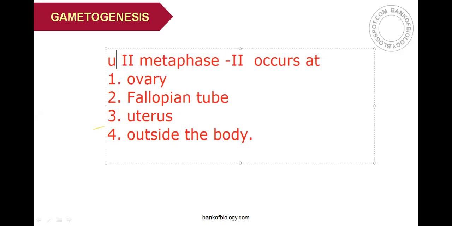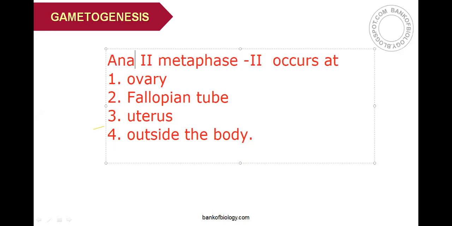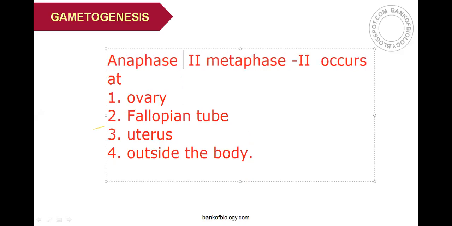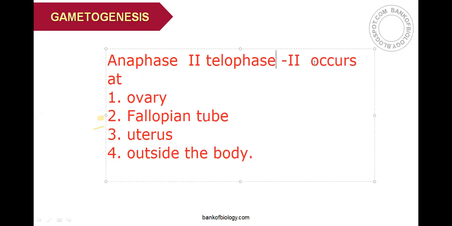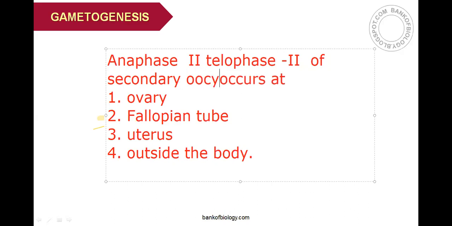आप ये पूछे तो आपको बताना पड़ेगा, fallopian tube, anaphase 2 and telophase 2 of secondary oocyte, because तब तक ovum तो नहीं बोल सकते ना. Secondary oocyte occurs at, ये बड़ा question बनेगा.